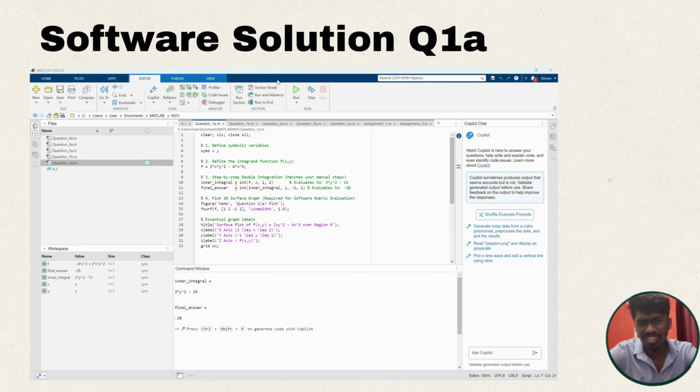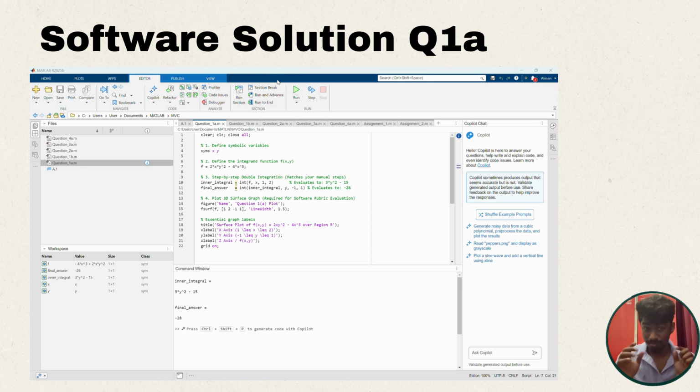The code automatically prints out the intermediate steps, yielding 3y to the power of 2 minus 15y for the inner integral before computing the outer integral, which gives us our final verified answer of negative 28.